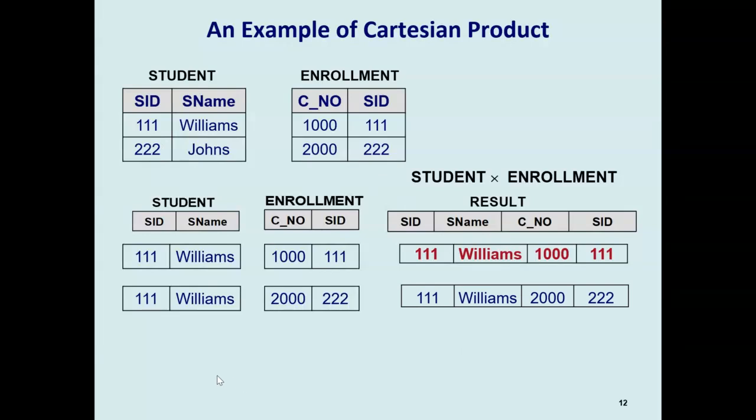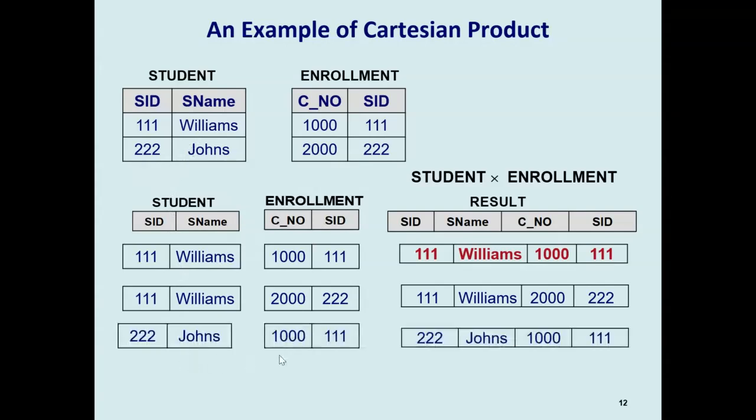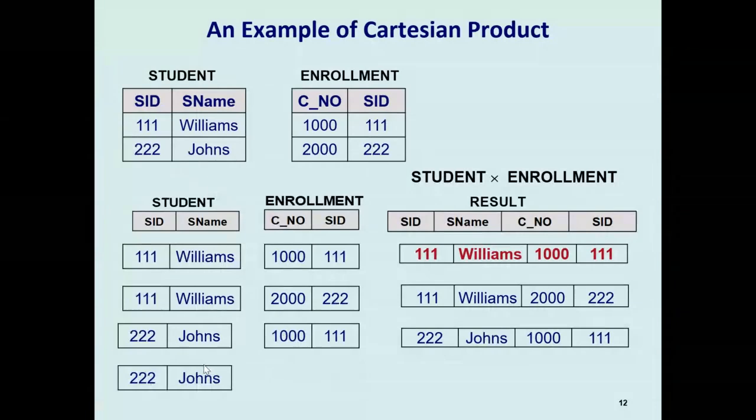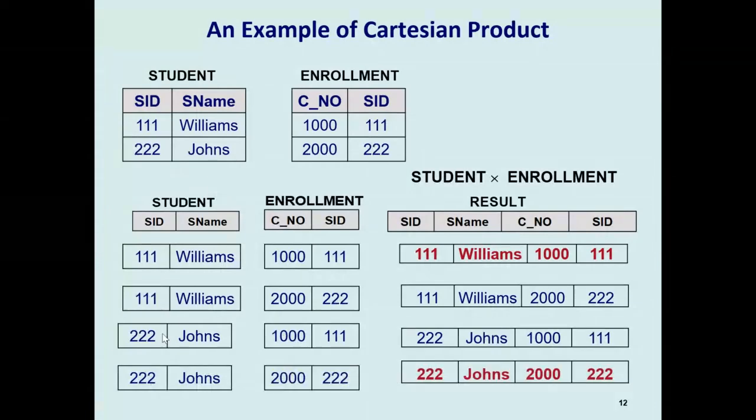We got this one. Now we finish combining the 111 Williams with every record in the enrollment. Then we move on to the next record in the student table, that will be 222 Johns, and we do the same process to combine 222 Johns with every single record in the enrollment.